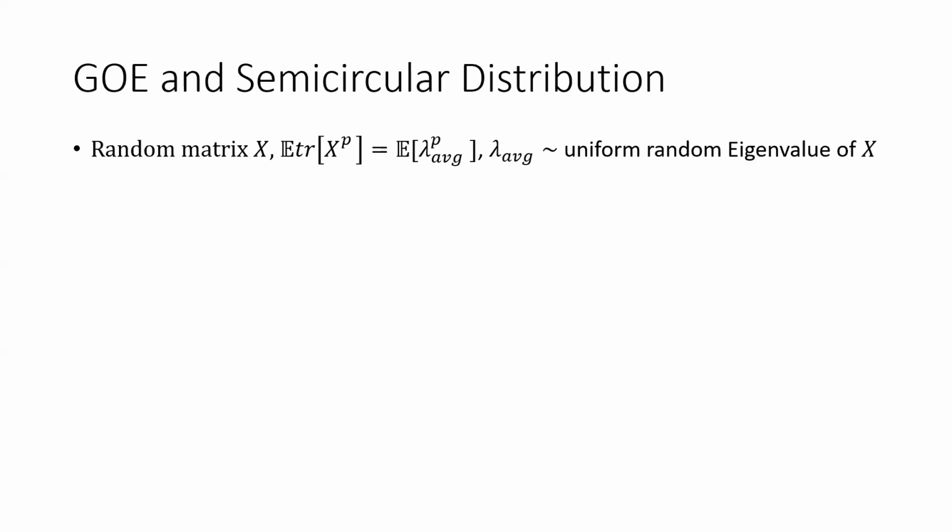Remember that in our example of the non-commutative space of random matrices, if we're given a random matrix X that is symmetric, and you look at the expected trace of X to the power of p, you can write this as the expectation of lambda_avg to the p, where lambda_avg is a uniformly randomly sampled eigenvalue from X. So in a sense, you can think of the moments of the random matrix as the moments of a random variable that is commutative, that gives you the spectral distribution of this random matrix.